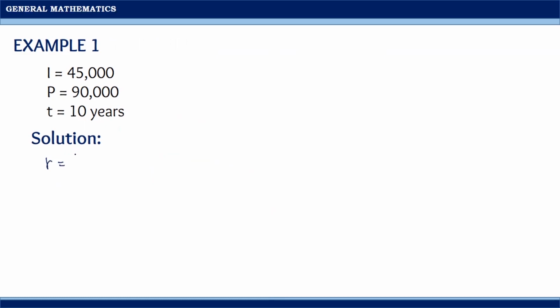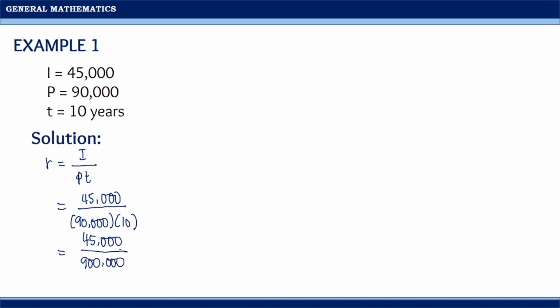R is equal to I divided by P times T. Substituting our values to the formula, then we will have 45,000 divided by 90,000 times 10. Simplifying the denominator, 90,000 times 10, it will give us 900,000.